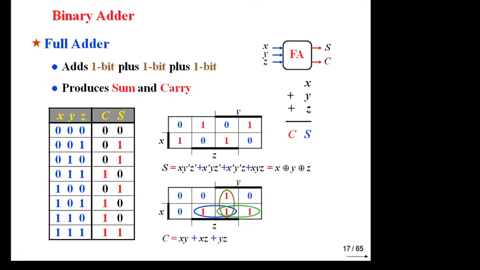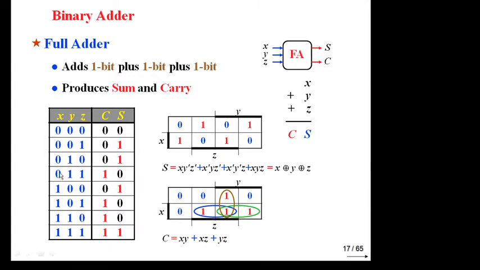Okay, now for carry, the carry is 3, 5, 6, 7, so xy plus yz plus zx. How will you remember this carry? When the output carry becomes high, if you are adding, at least two 1s, meaning if the majority of inputs are high, then the output will always be high in case of carry.